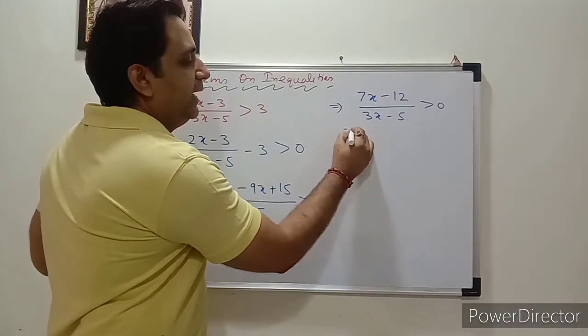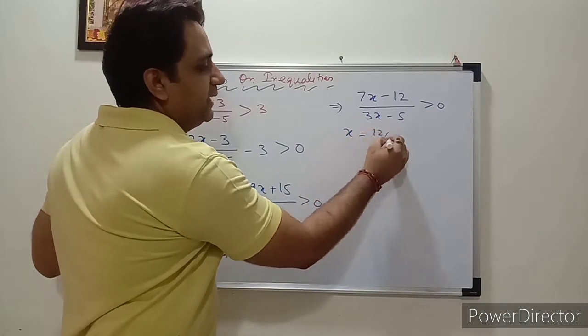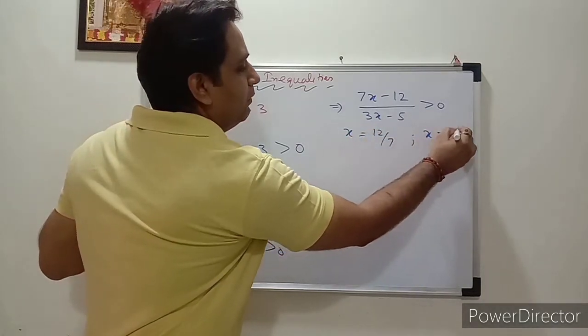Now from here we can get two values of x. First is x equals 12 by 7 and second is x equals 5 by 3.